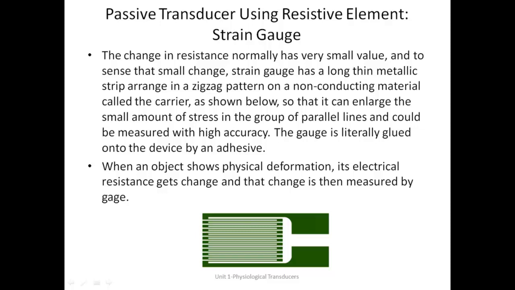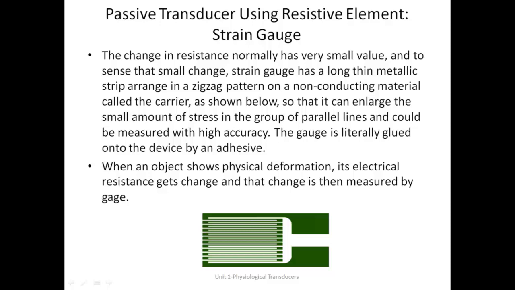These are actually a zigzag pattern of a wire. So whenever this particular component is stretched from both the sides, all the wires stretch equally because they are all parallel lines. So they get stretched equally, and the change in resistance or the effect of that force is actually the same in all these, right?